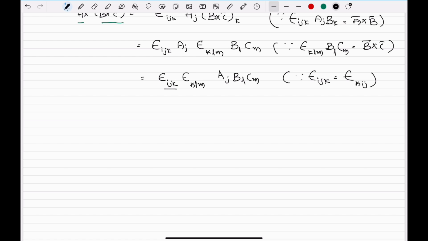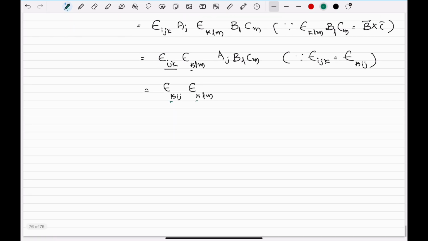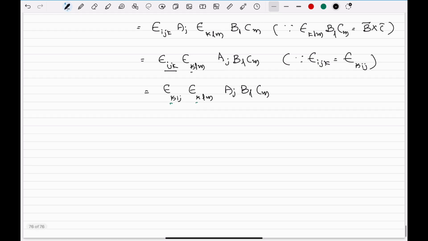Just it's a game of interchanging. It's a clockwise interchanging. This can be written as, because here k is there first, let us bring k first. Epsilon kij, epsilon klm, so that k will become the common for both of them. aj, this will remain same, bl, cm.